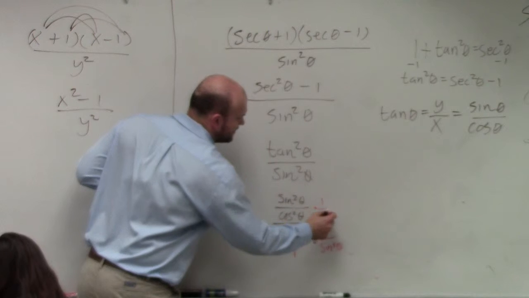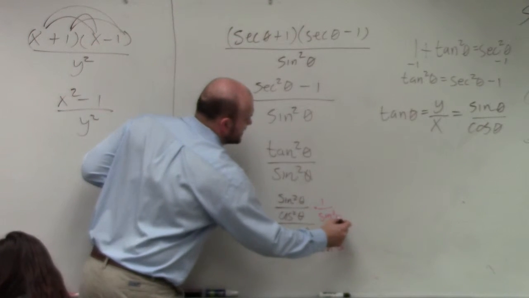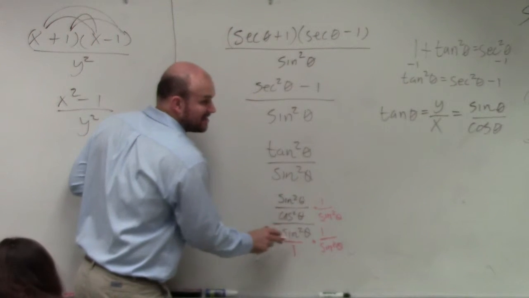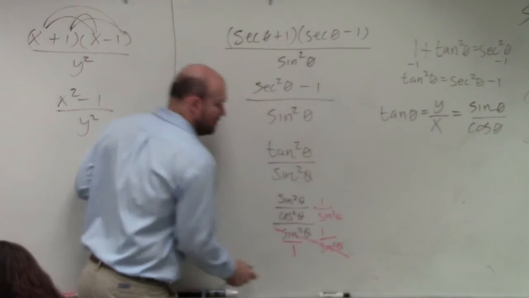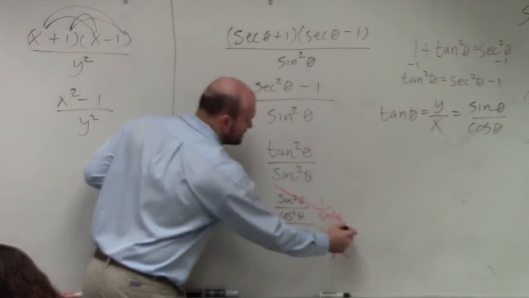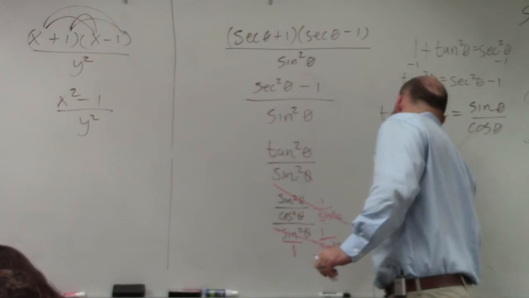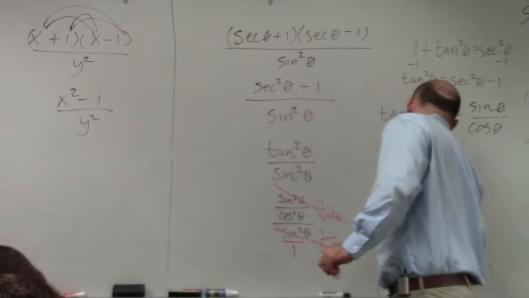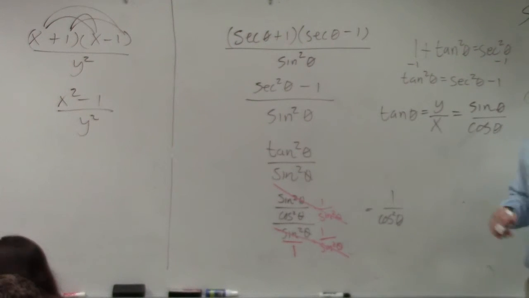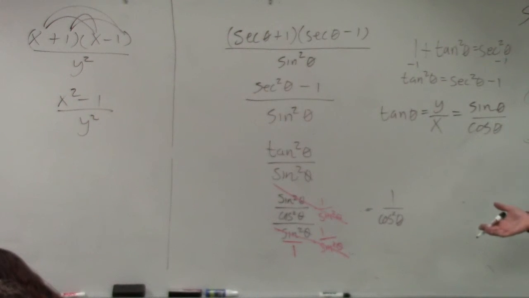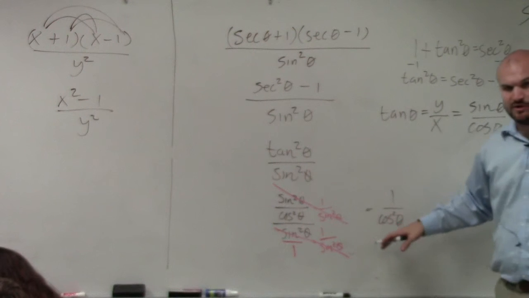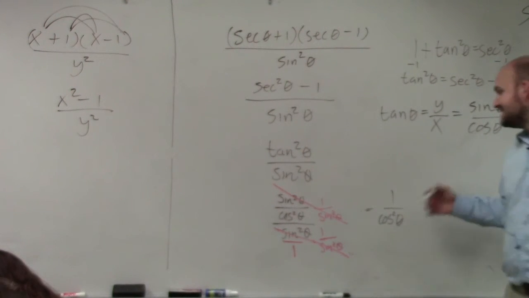You do that on the top and the bottom. Because any number or any expression multiplied by its reciprocal multiplies to 1. Over here, the sine squares divide out. And we're left with 1 over cosine squared of theta. And if you guys remember my initial definition of the reciprocal function of cosine, which was secant squared.